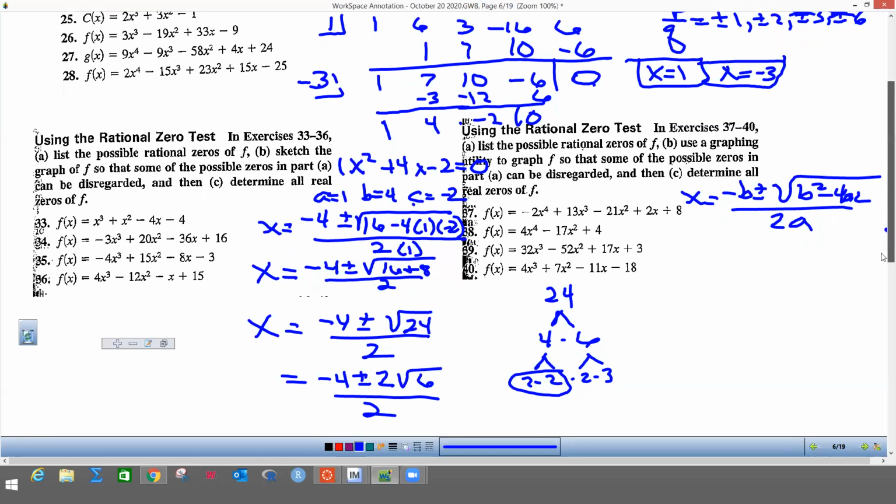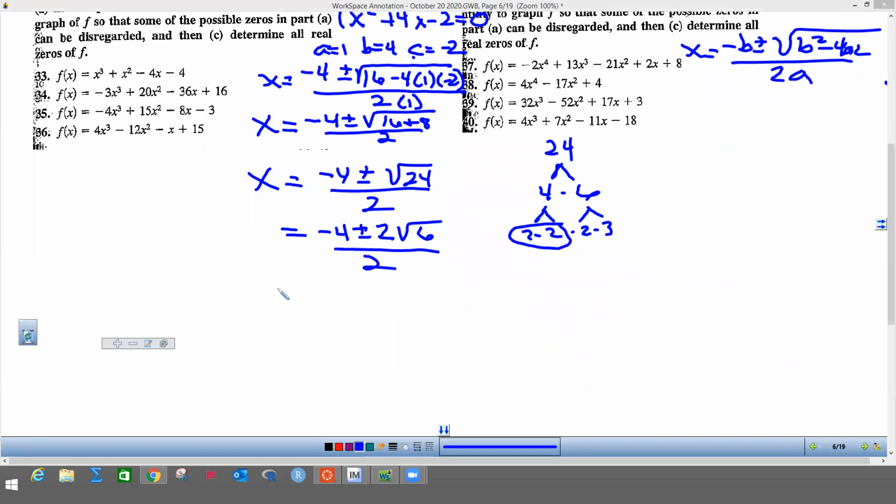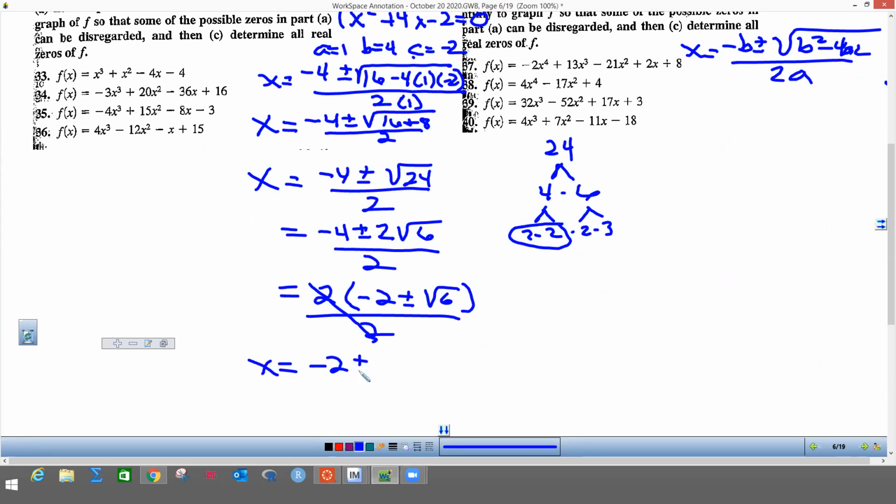They are all divisible by 2. So what I'm actually doing here is I'm factoring 2 out of all of the top part. So 2 divided by 2 is a 1. You don't have to put a 1 in front of this. So these 2's reduce. So these are my last two zeros right here.